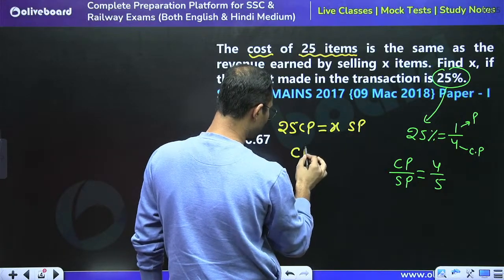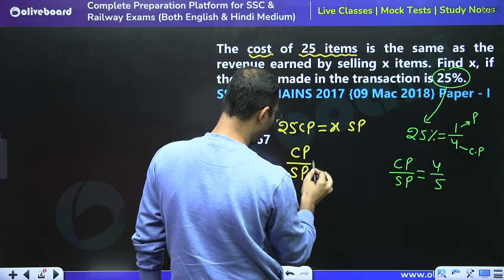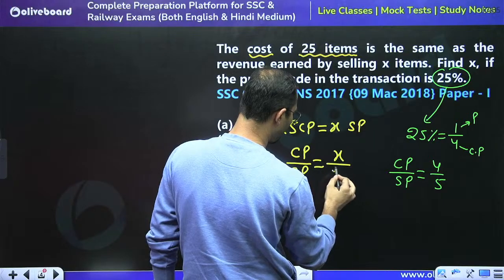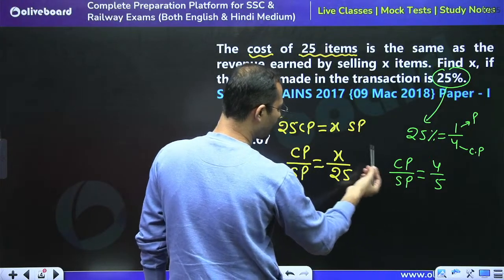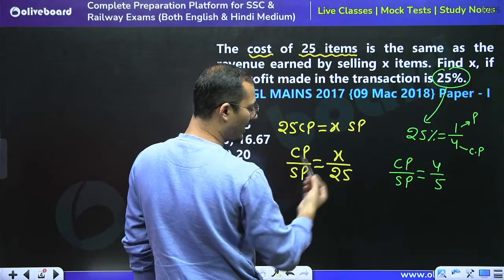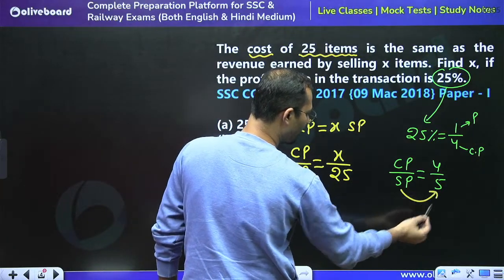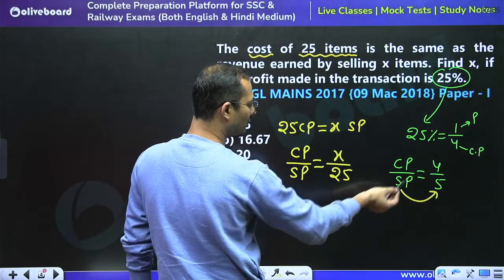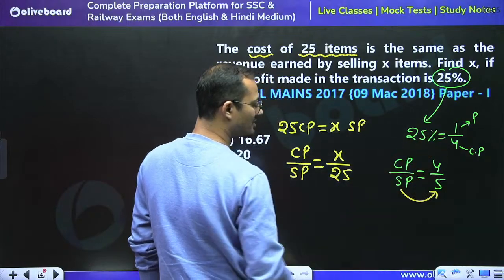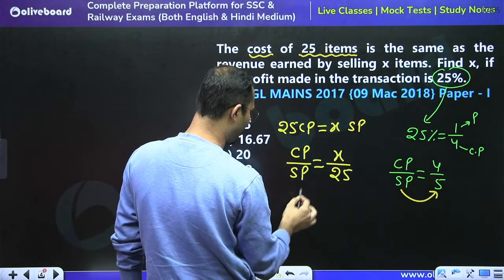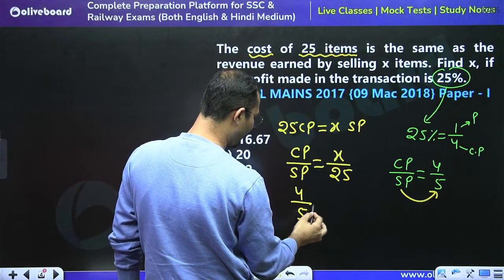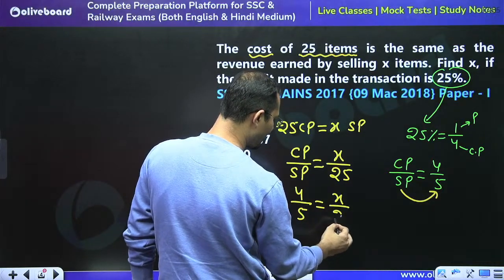So the ratio CP upon SP is equal to X by 25, right? Put the value for CP to SP, which is 4 by 5. You are not supposed to write all this; it is just for making you understand. Directly you can write 4 by 5 is equal to X by 25.